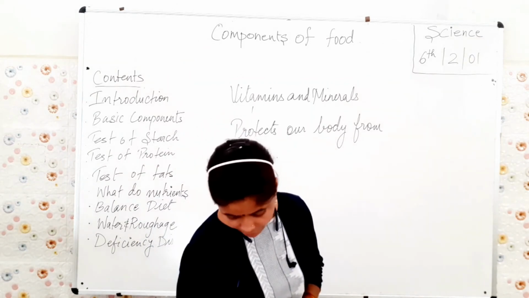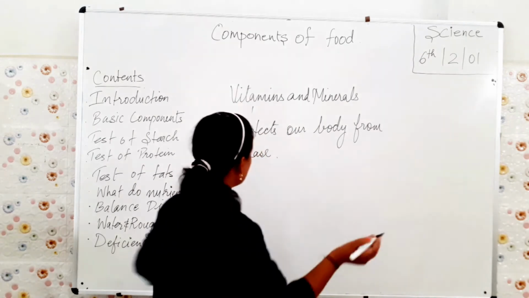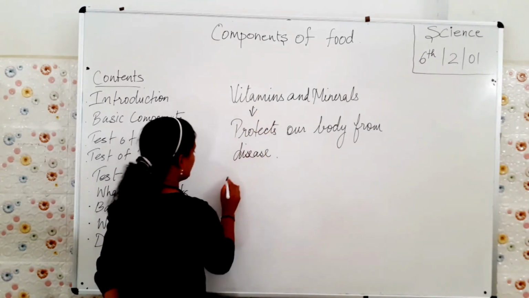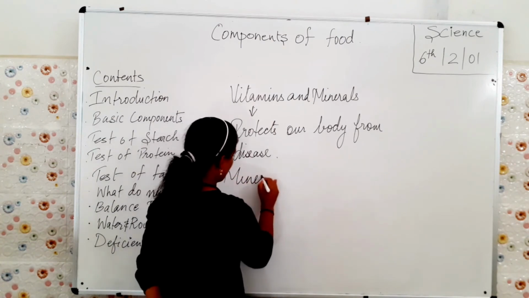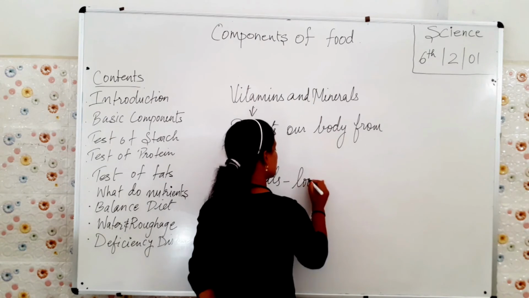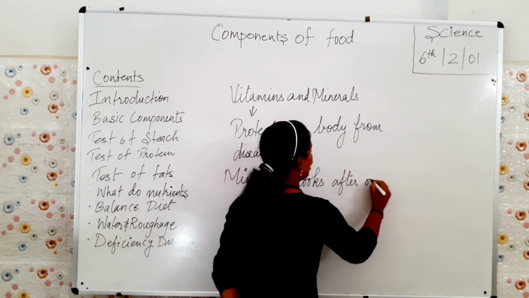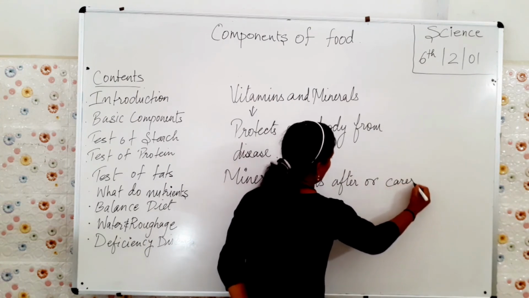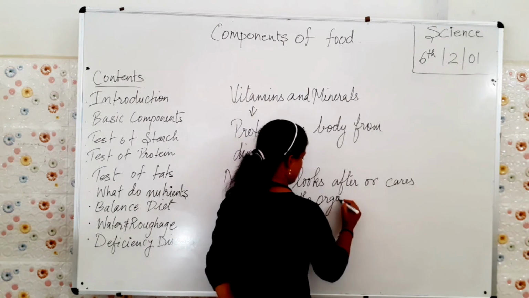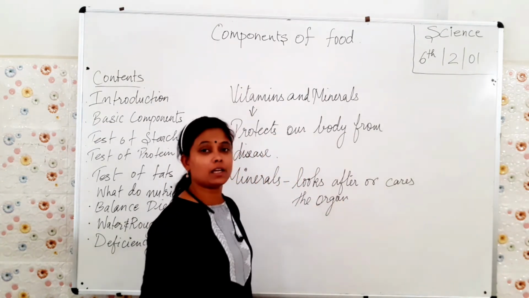Next, what do we have? Next we have the minerals. Now what is the duty of minerals? This was vitamin. Minerals look after or care for the organs. They take care of the organs as your parents take care of you.